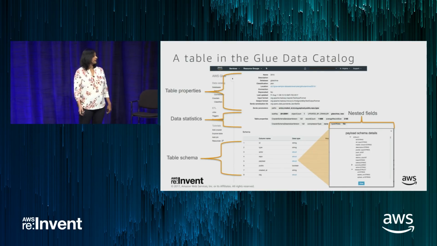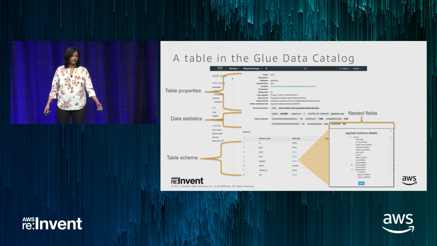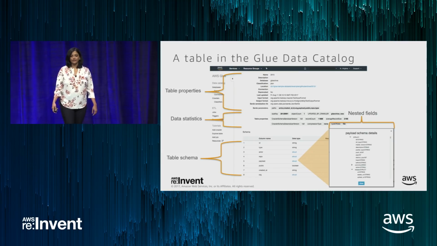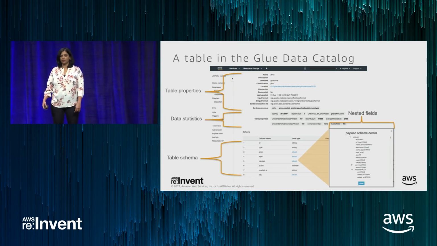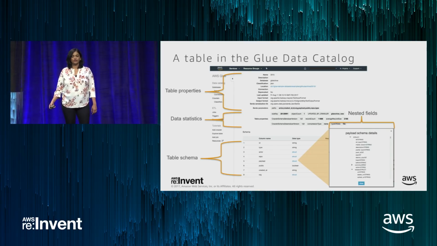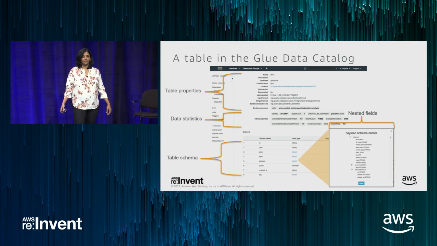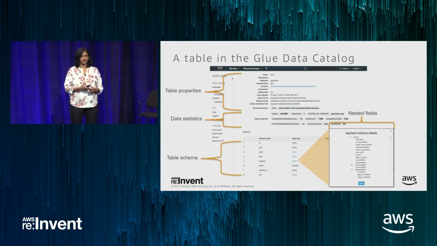So when we crawl that data set, this is what the table looks like in the Glue data catalog. As you can see, you have the location of your data. You have certain properties, such as your serde information automatically populated. You also have certain data statistics, like your average record size, number of records in the data set, populated in the data catalog.